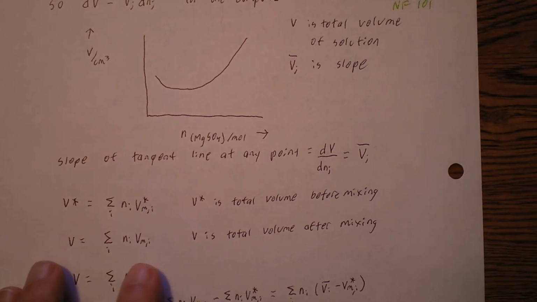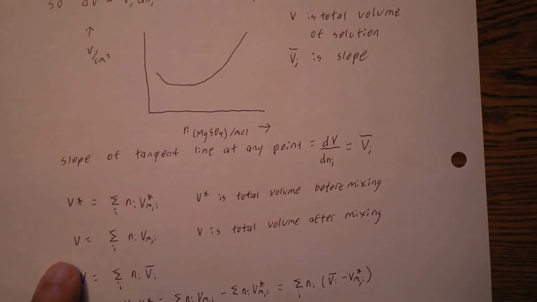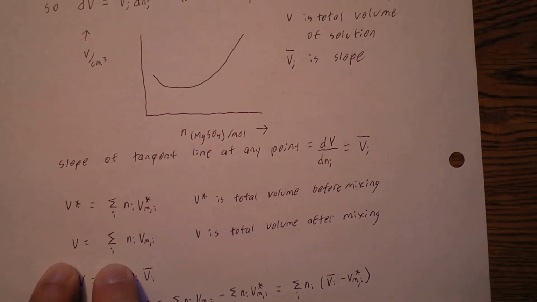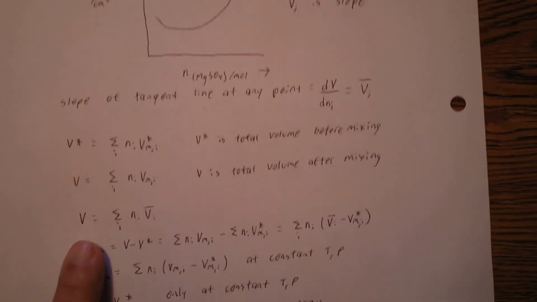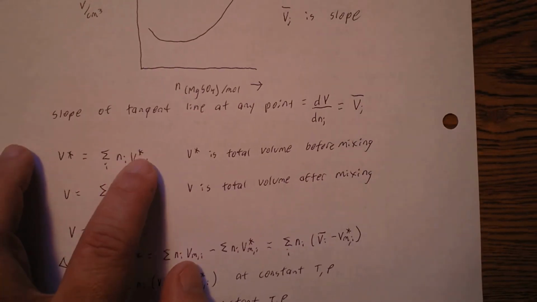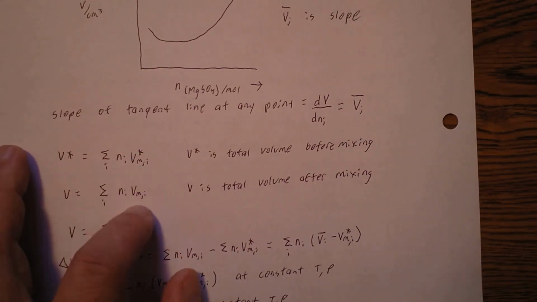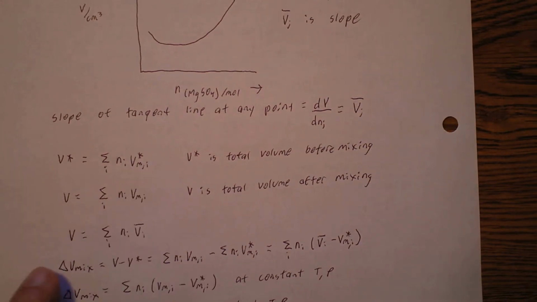But then the total volume after mixing, we get the volume is equal to the sum over all substances I of the number of moles of substance I times the molar volume, substance I. So that's the difference between unmixed and mixed here. The star means unmixed, remember.